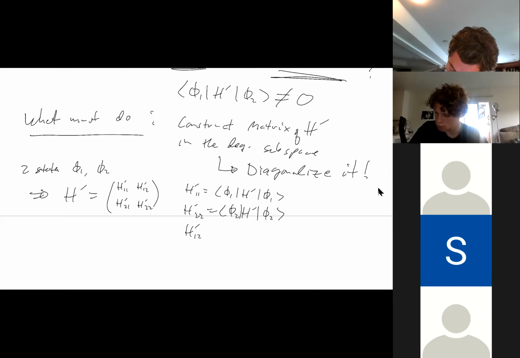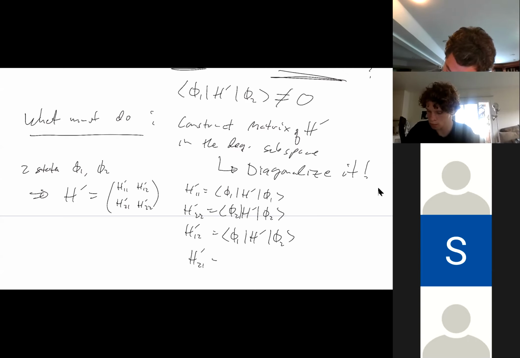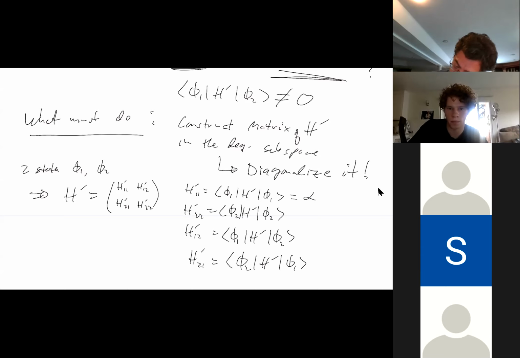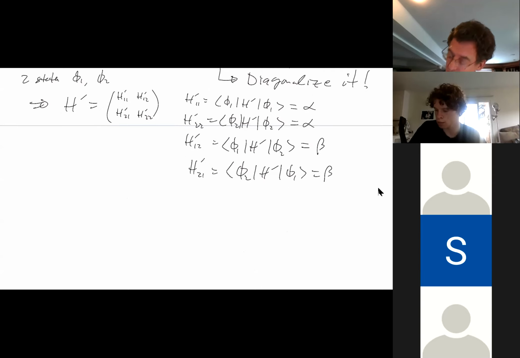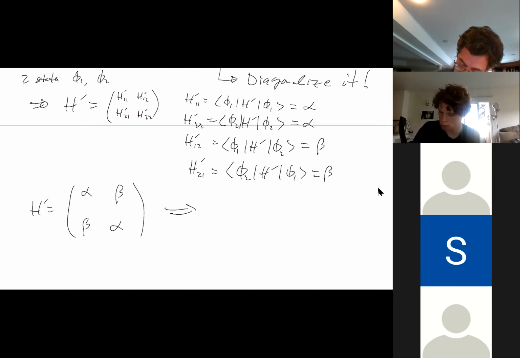H prime 1 2 is phi 1, H prime, phi 2, and H prime 2 1 is phi 2, H prime, phi 1. And by symmetry, we expect these two to be the same, and these two to be the same. So without even knowing what they are, we can solve the problem because we have H prime equal to alpha, beta, beta, alpha.